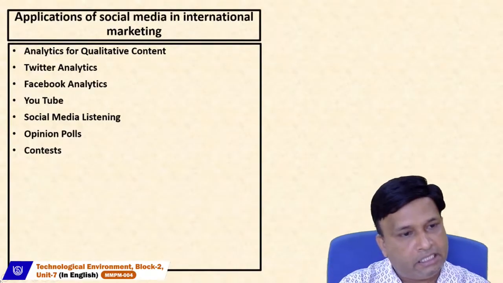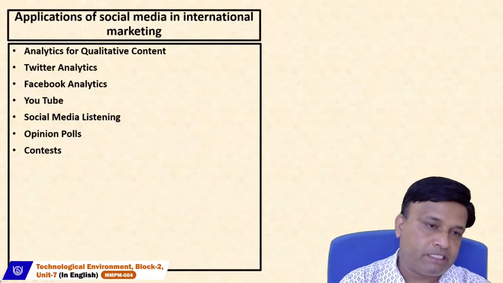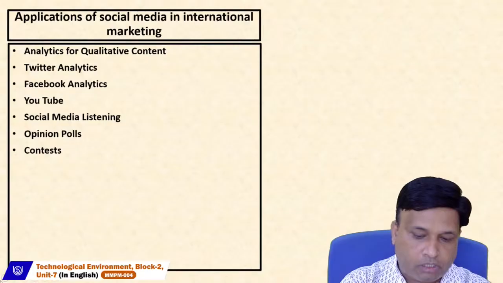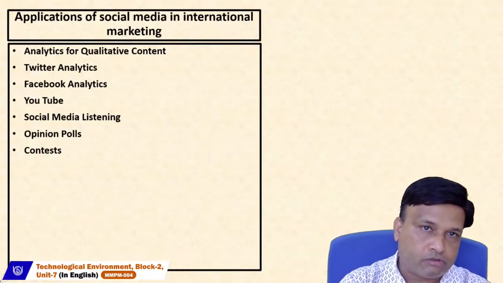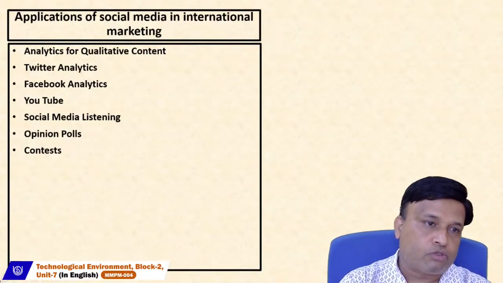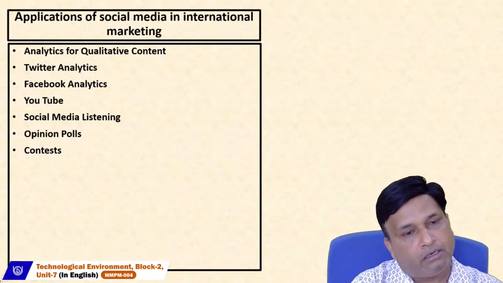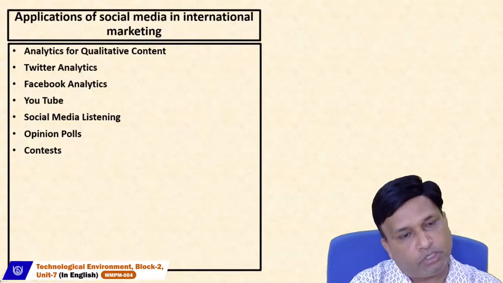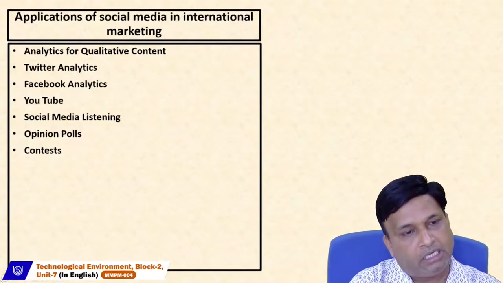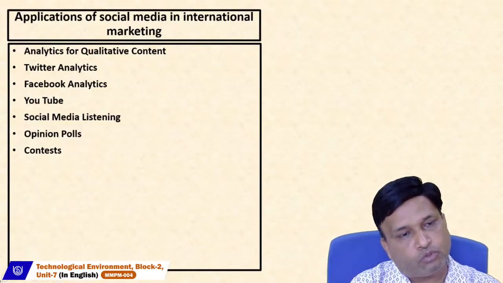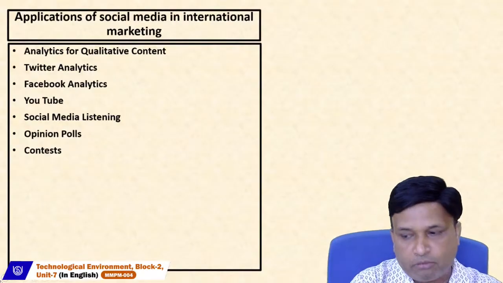Social media listening and opinion polls. With the help of social media, you can listen to what the problem of the customer is and what the requirements are. Everything you can get to know through social media listening.